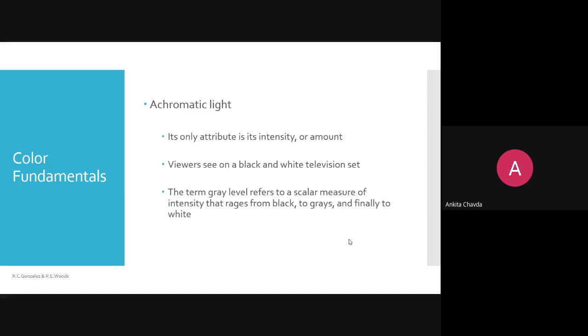Achromatic light has only one attribute, intensity or amount, as we say. So viewers can see it on a black and white television set. The term gray level refers to a scalar measure of intensity that ranges from black through grays and finally to white. We start with 0, that is black, then intensity increases, so there are different gray shades, dark gray, then lighter, lighter, and so on, and finally it reaches 255, which is white.